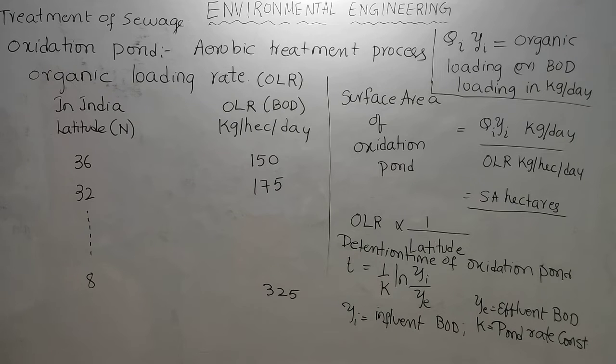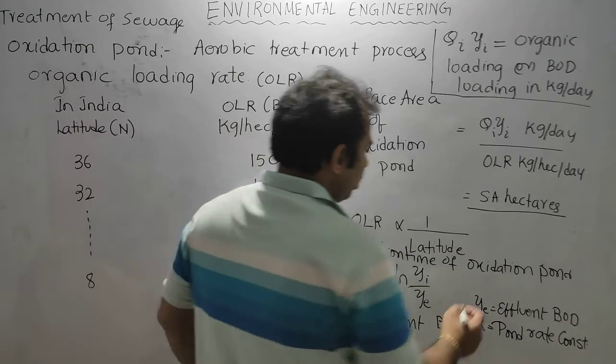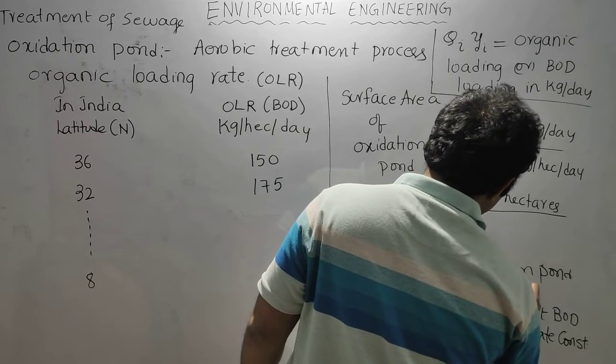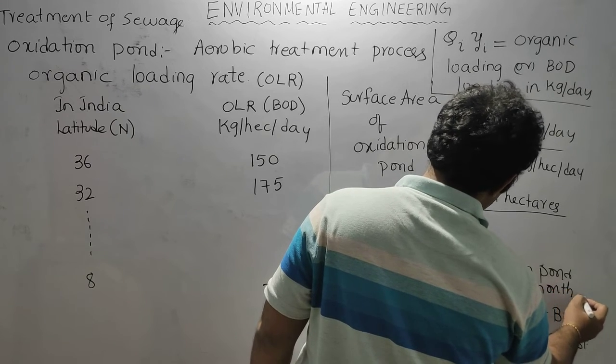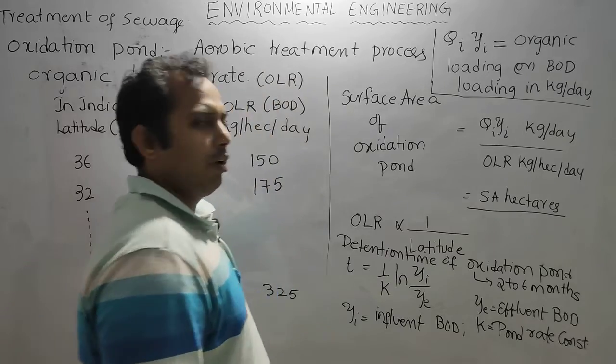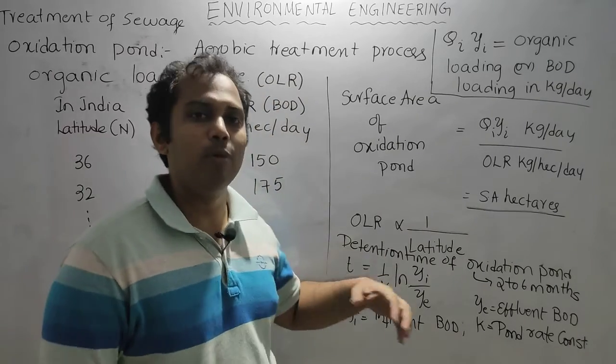If you can accept more effluent BOD, you can reduce the detention time. If you want less effluent BOD, you need to increase the detention time. Generally the detention time of the oxidation pond ranges between 2 to 6 months, depending upon your BOD removal requirement.